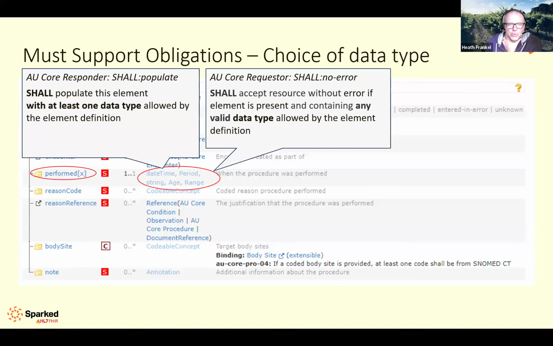But what we want to do, as we've been discussing, is actually say, well, we want the responder to be able to provide us with a date time if they've got one.